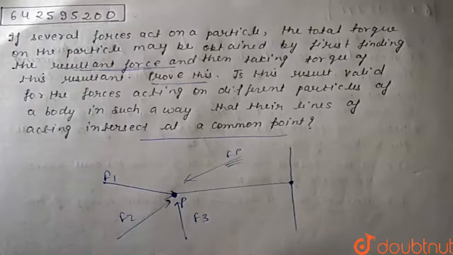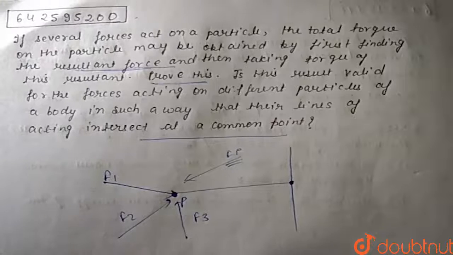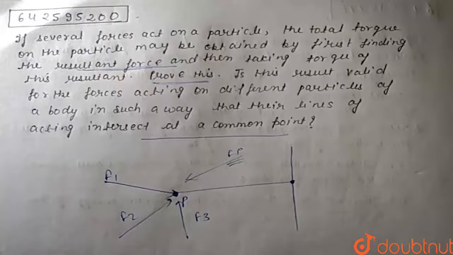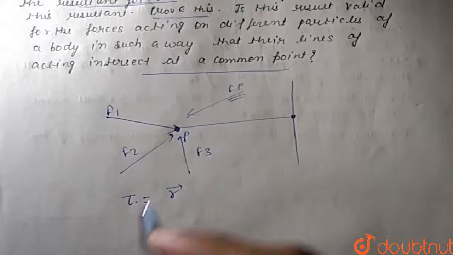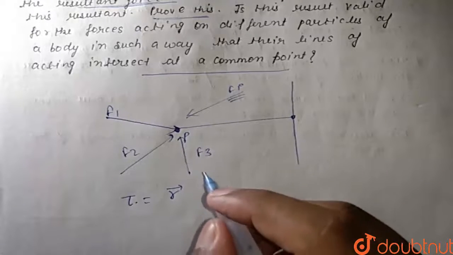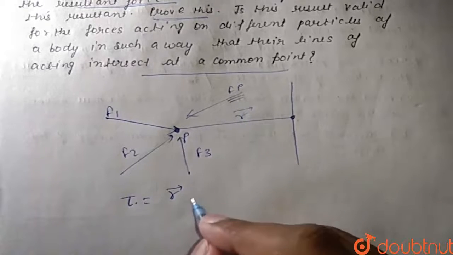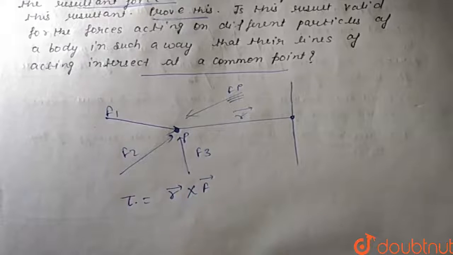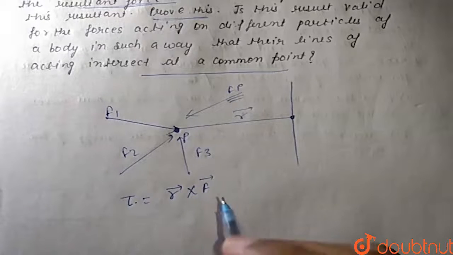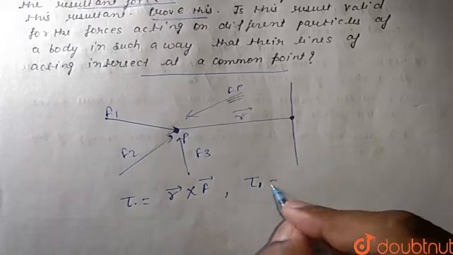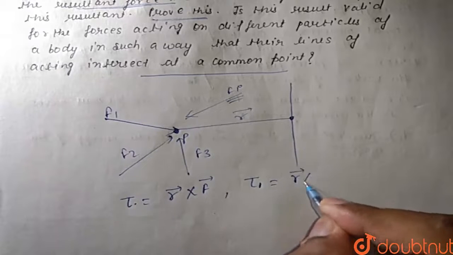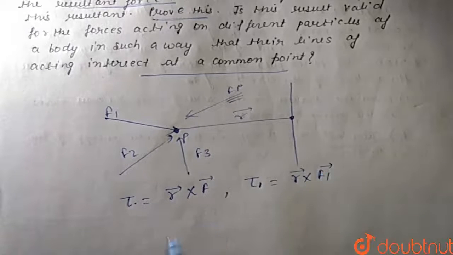Now we can write torque as tau equals R cross F. So for force F1, tau 1 will be R cross F1.